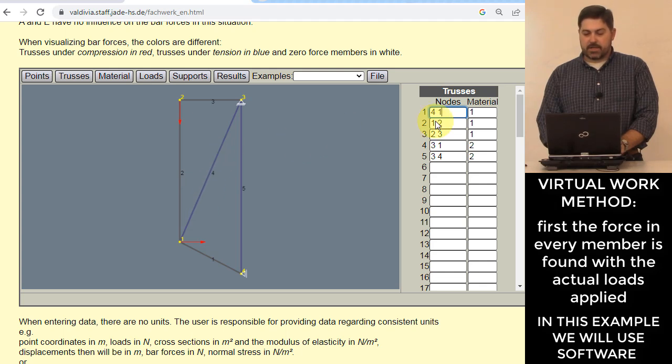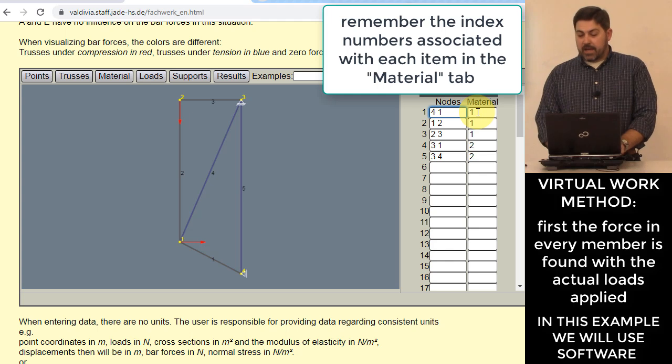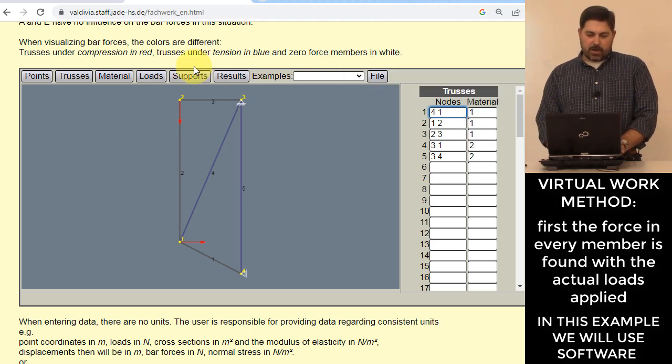And as you do this, it basically will define what nodes that member is connected between, and then it gives you an opportunity to say which of the materials each member is made out of. Okay? So again, this is probably review for most everyone, but in case you haven't done this yet, that's how this works.